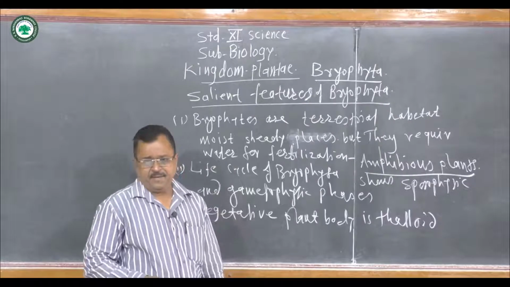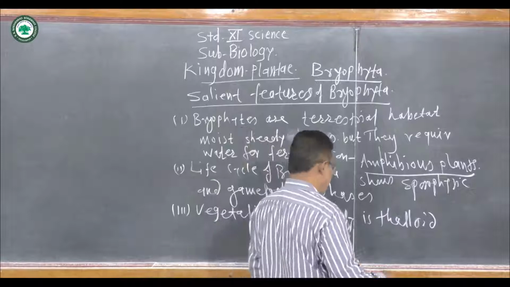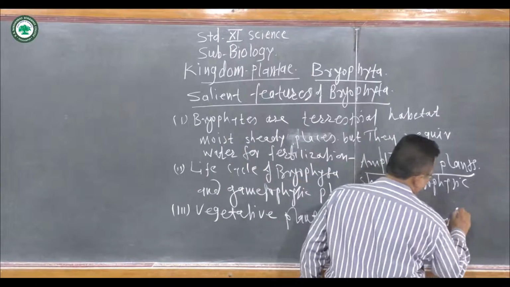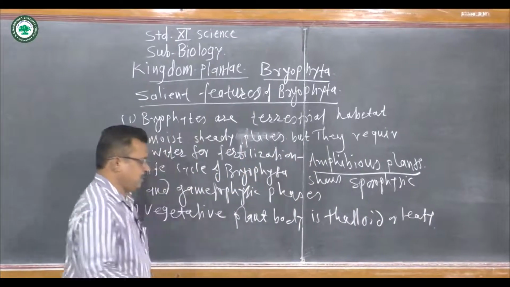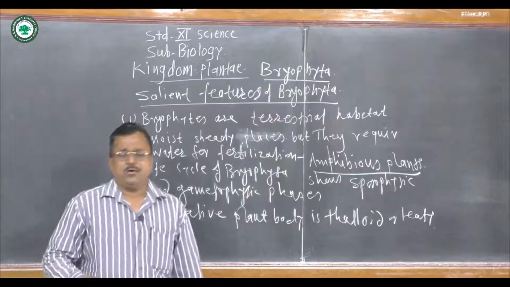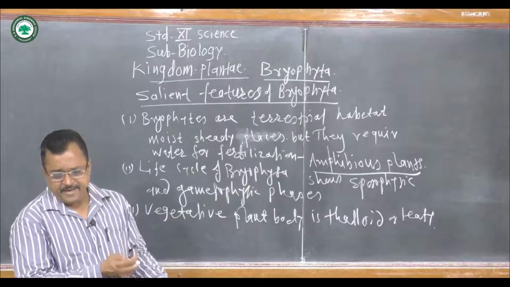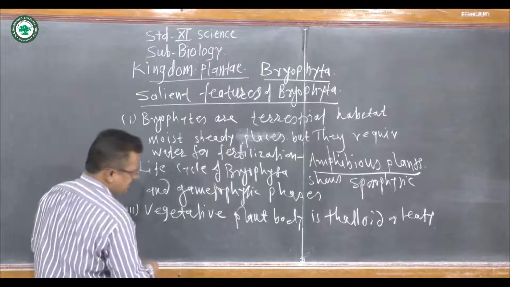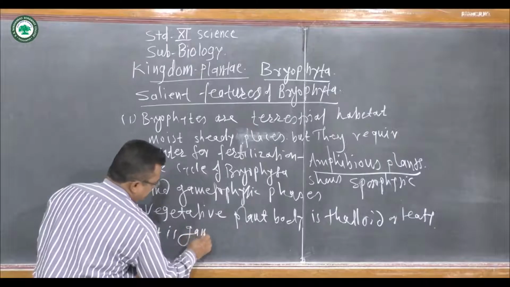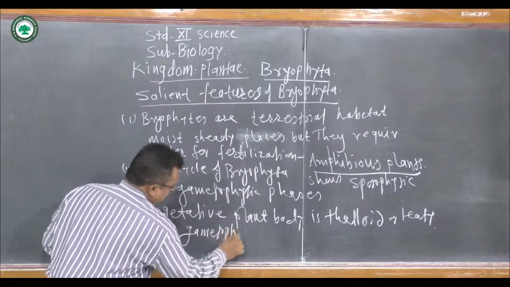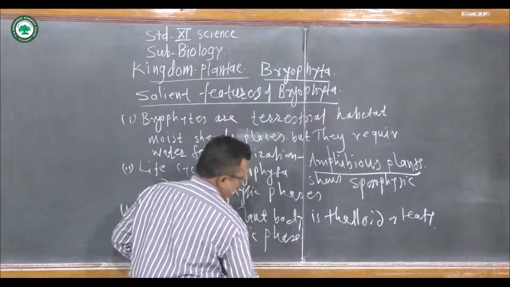It is the gametophytic phase, or generation. The plant bodies appear thalloid or leafy, and it is a gametophytic phase.